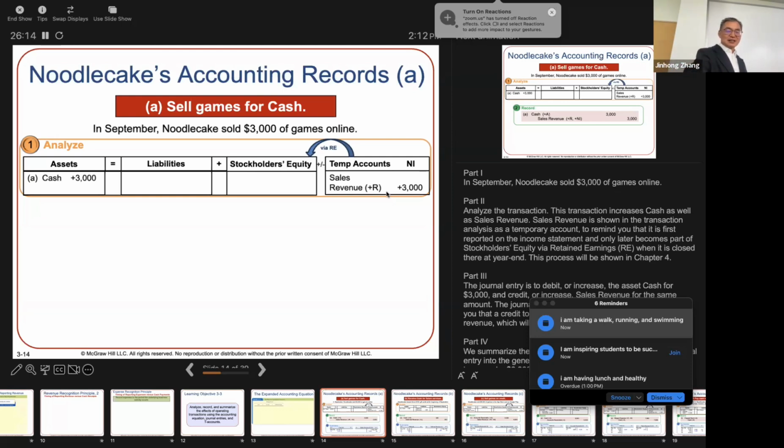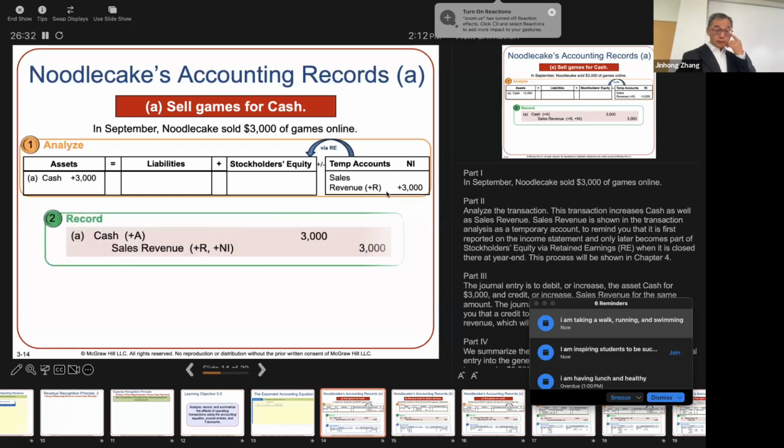In terms of impacting the balance sheet, it goes to the stockholders' equity. So in a way, it's like cash $3,000 and stockholders' equity $3,000, both increase on the balance sheet. Make sense? Okay. And then you recorded cash $3,000 and sales revenue $3,000. That's the journal entry.